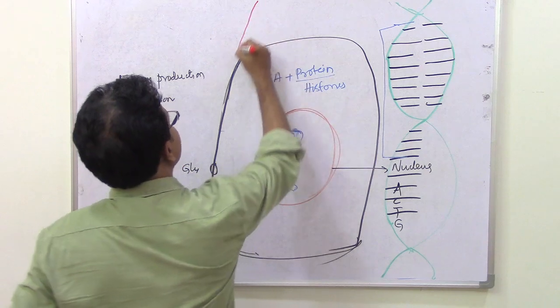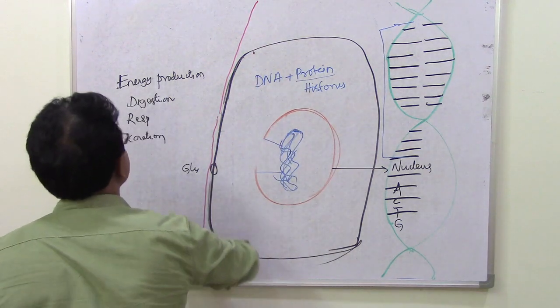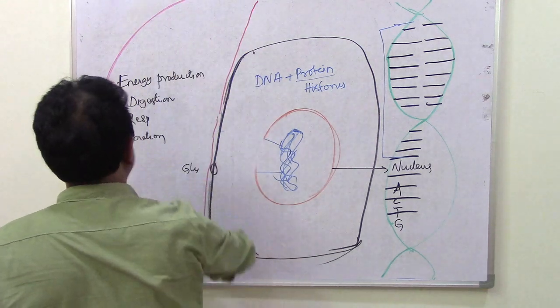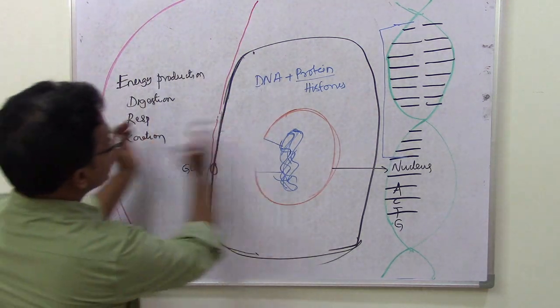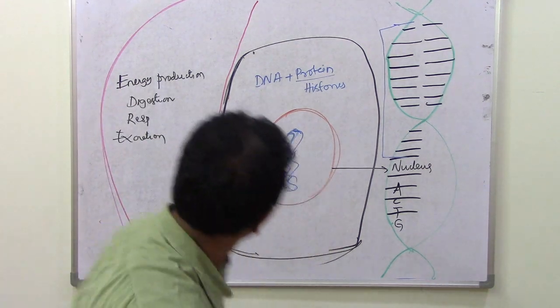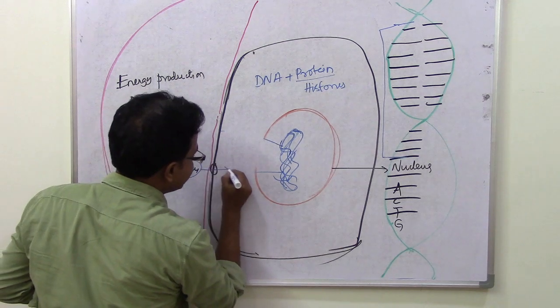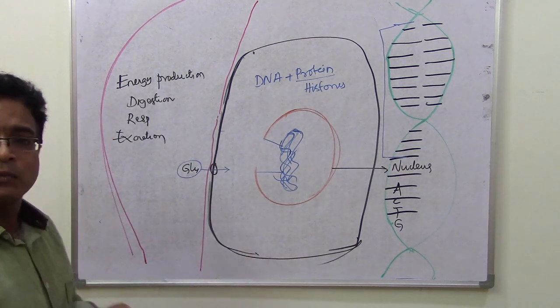If this is a cell, there is a capillary supply here. Is it not? This is a small capillary that is bringing in food. Now, this glucose molecule is taken into the system.